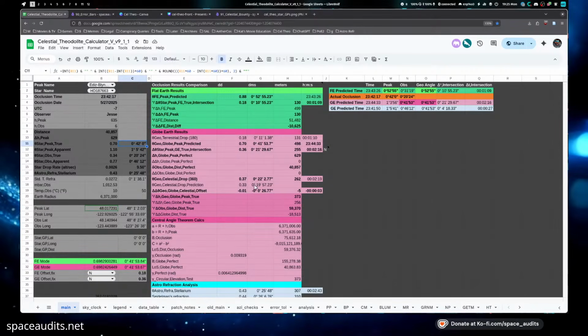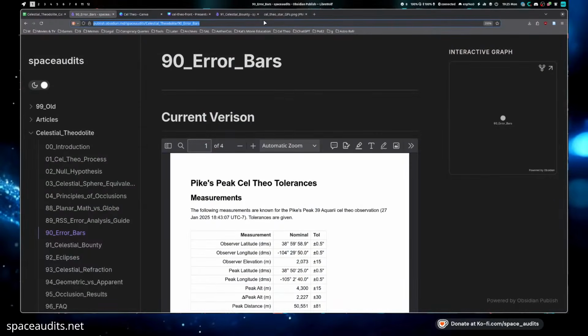So we have this weird instance where the refraction correction is larger than the central angle sweep. So just figuring out what that looks like and why. So we're just kind of interested in that.